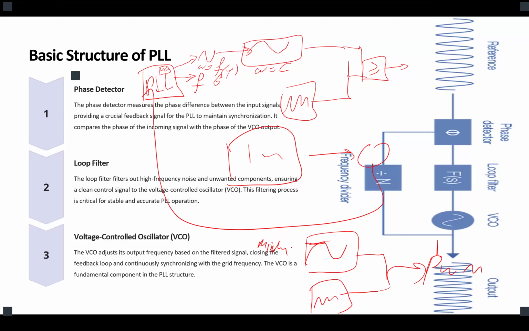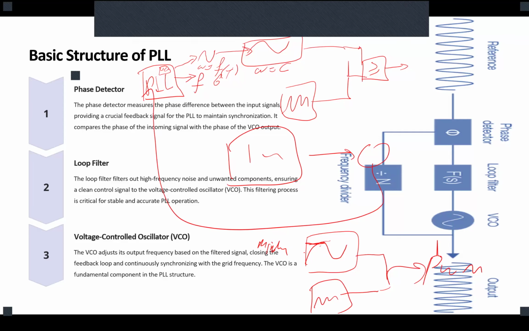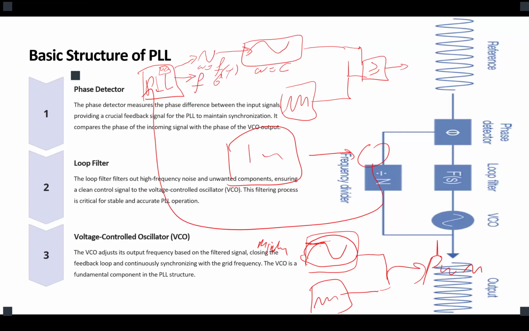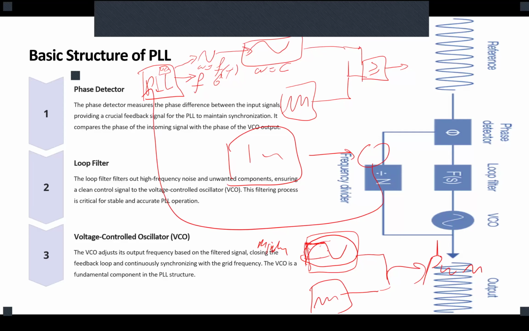Again, we said if we wanted to control active power, we had to control theta, the phase angle of our output. What is going to be the phase angle of our output? The phase angle of our reference signal. So if you wanted to inject more power, you have to have a little bit more delay, a lag or lead, based on whatever you want to do. That is the initial phase angle, that constant number, not the omega, that theta.